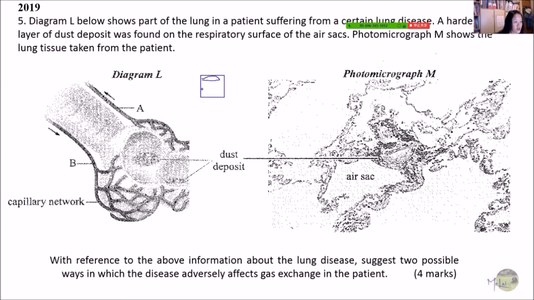This is the cell of the air sac. This is the cell of the wall of the capillary. If we have one more layer here, this is the dust. So if we have some dust, the distance increases. Therefore, we have two possible ways already.